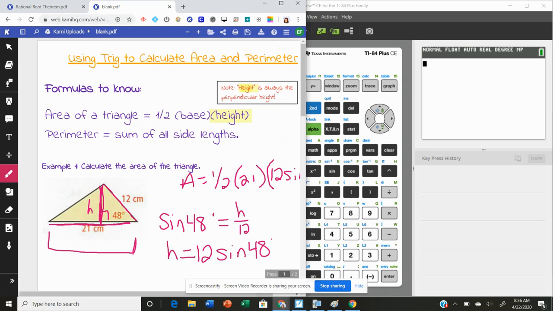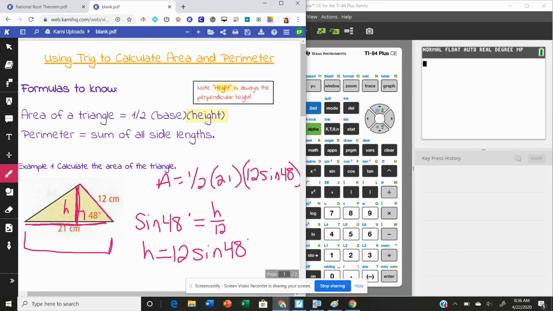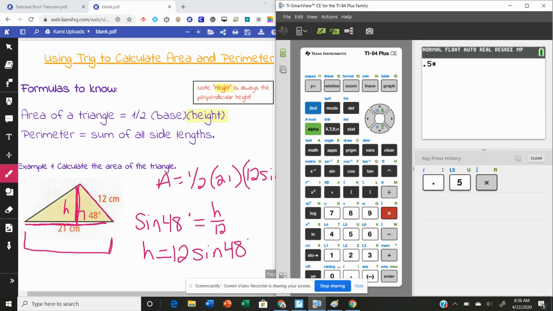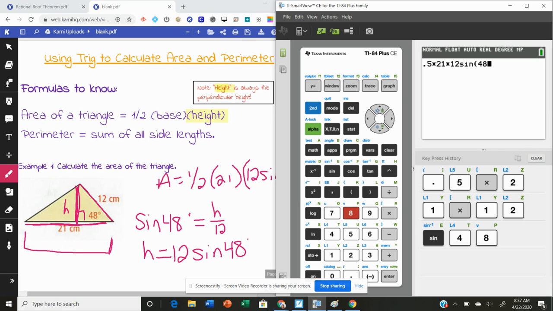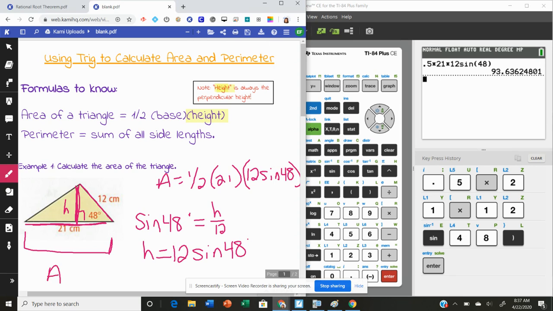So again, I'm adding in 1/2, so 0.5 times 21 times 12 times the sine of 48 degrees. Hit enter, and we get that our area is about 93.64 centimeters squared. So to answer the question, the area is approximately 93.64 centimeters squared.